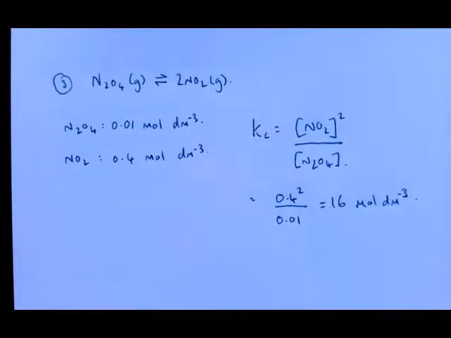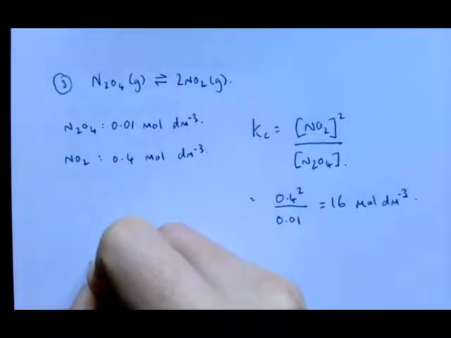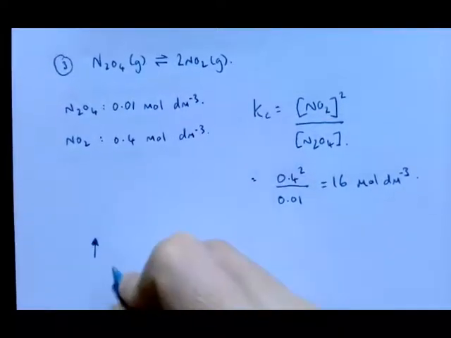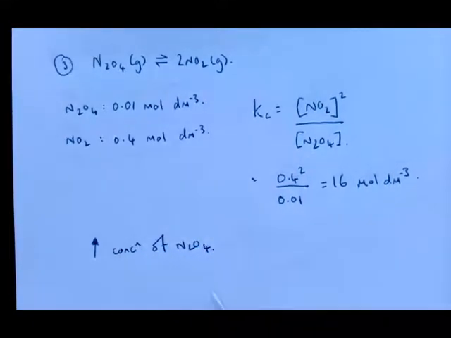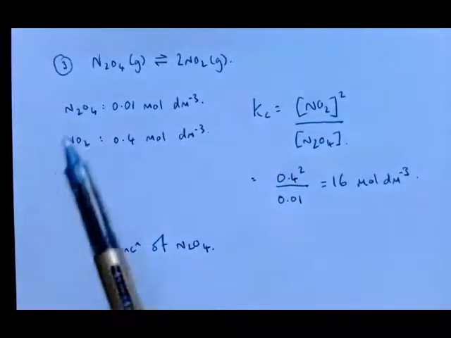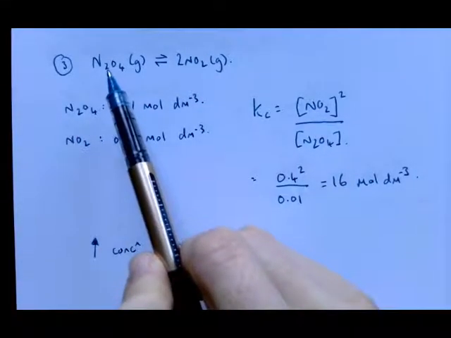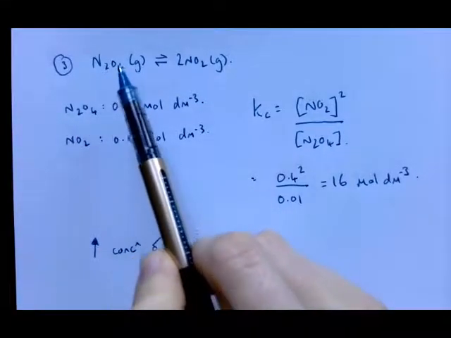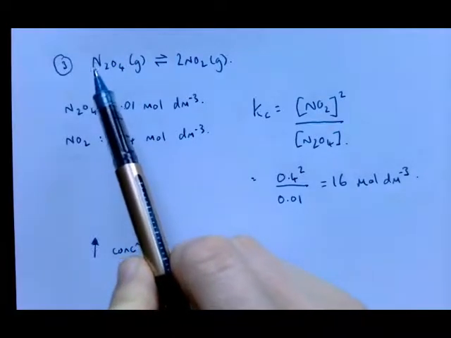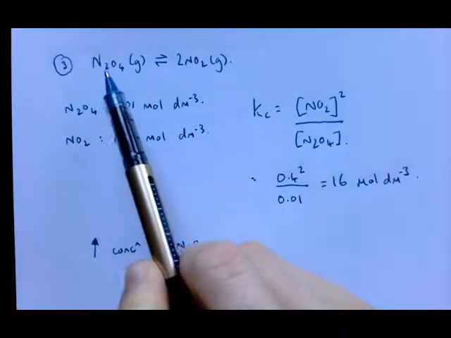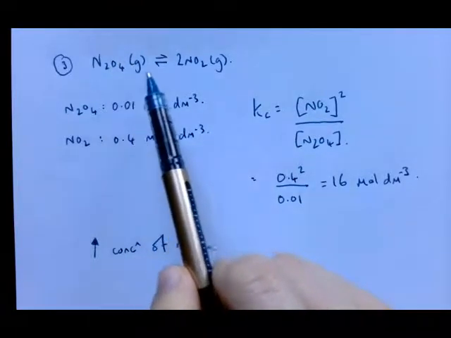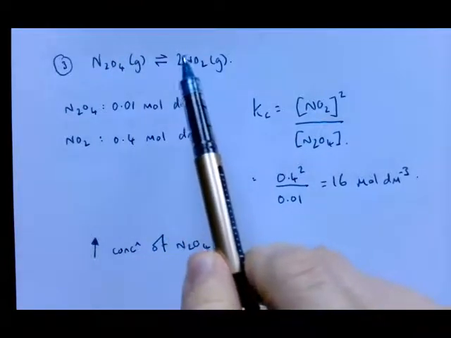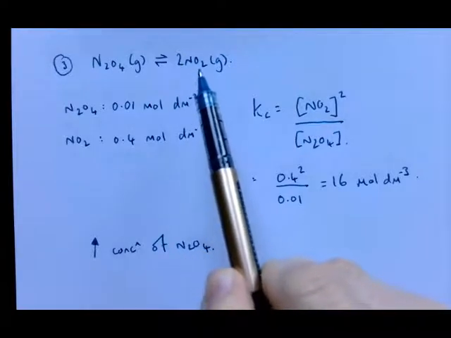Now, if I was to increase the concentration of N2O4, what would you expect to happen? Well, I've said before that if you increase the concentration of this, the position of equilibrium shifts to minimize that increase. So it will favor the forward reaction, producing more NO2.